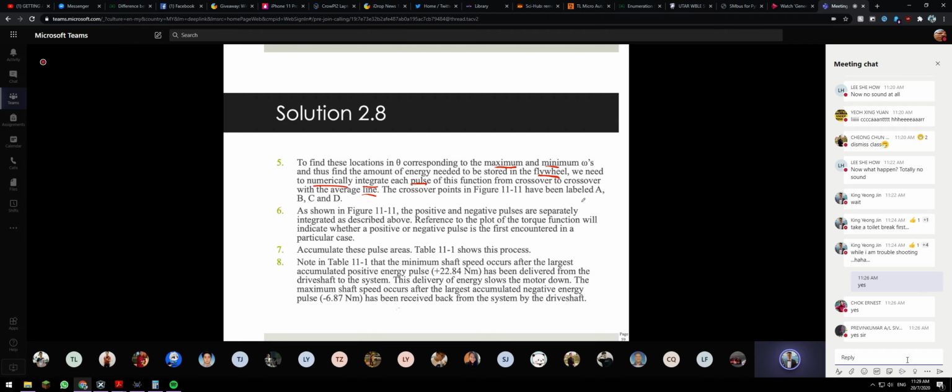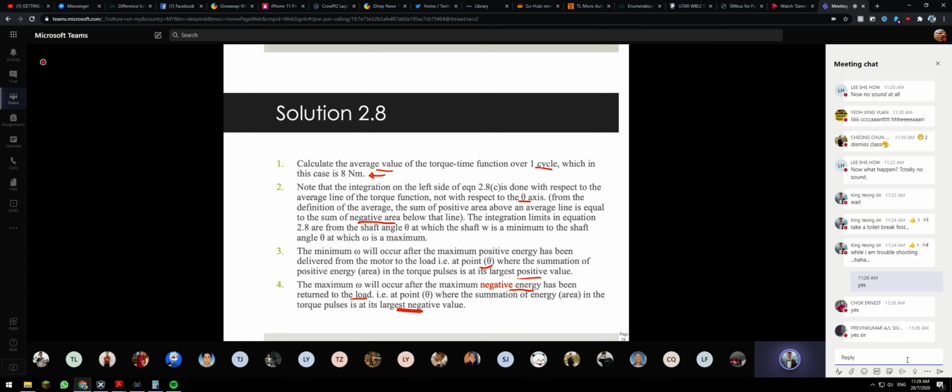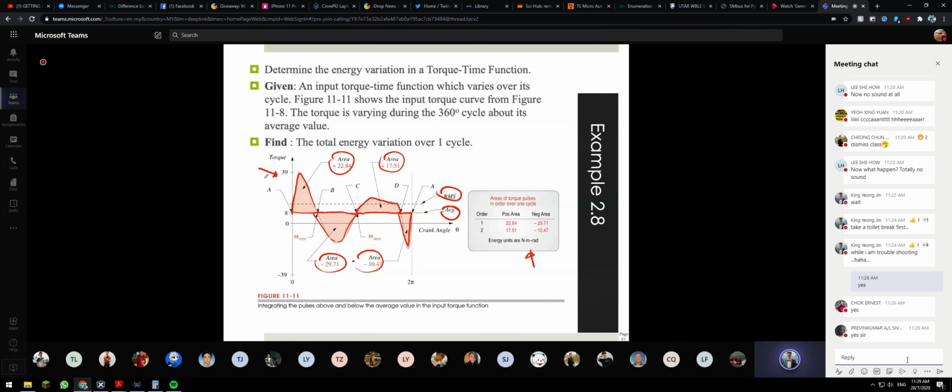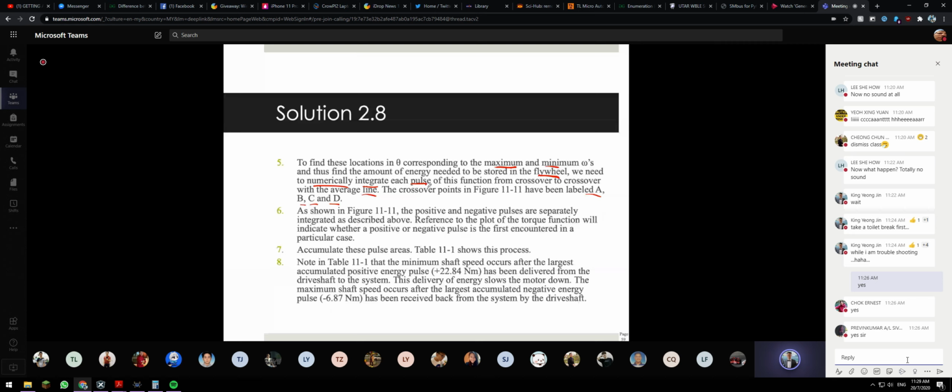So here we label A, B, C, D. If you can see that, we have to calculate it one by one. A, B, C, D. Because this is one cycle, it will return back to A again. So we have to find this one by one.